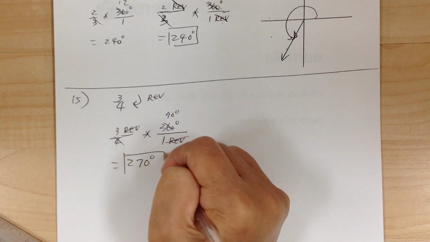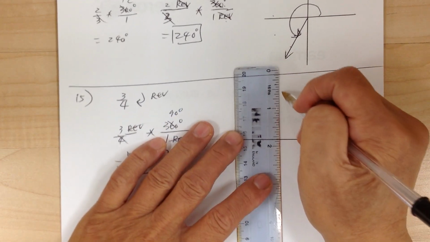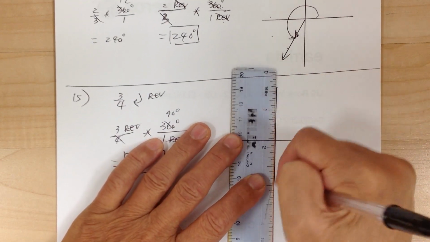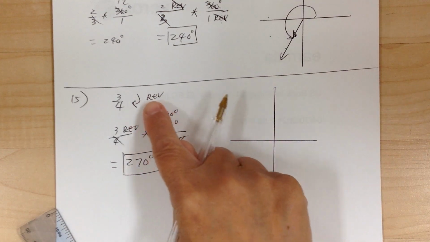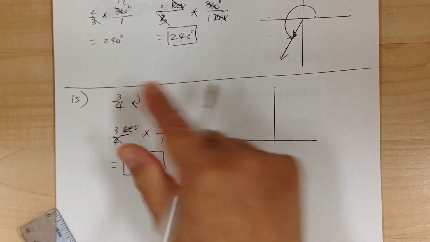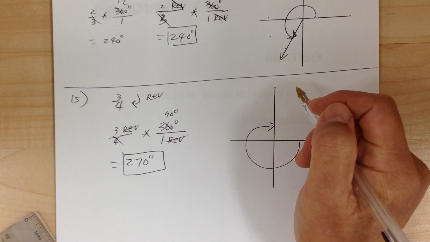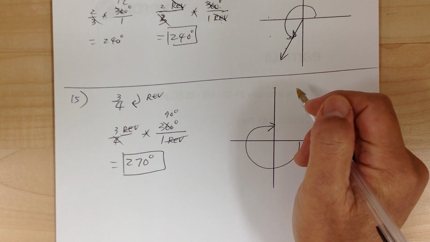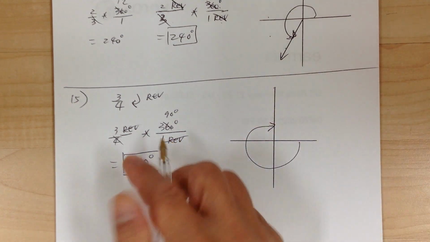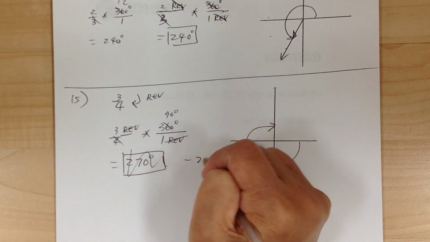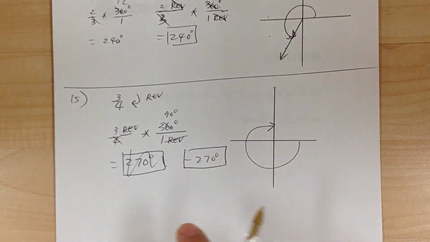Okay. So you're going to go 270 degrees going this way. So you go this way, you're going to end up right over here. Okay. So because you're going this way, it's negative. So instead of that, it's negative 270 degrees. Okay, because you're going clockwise.